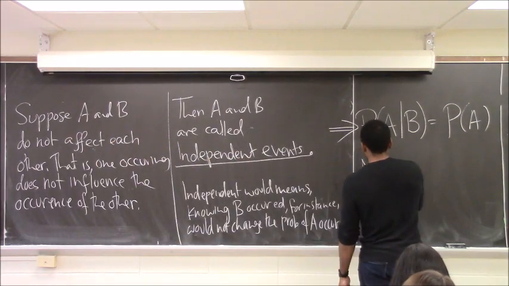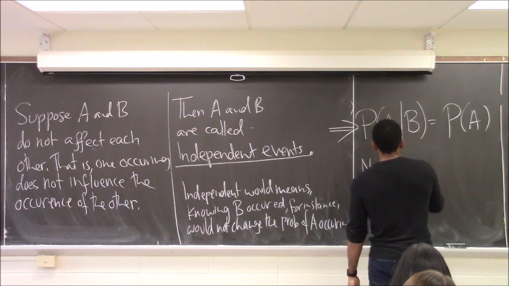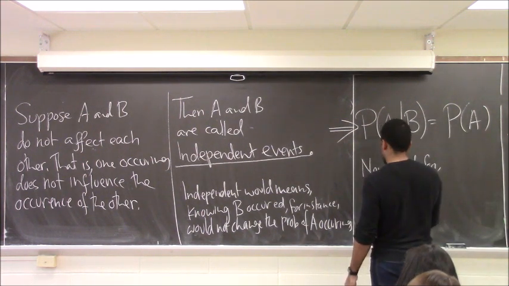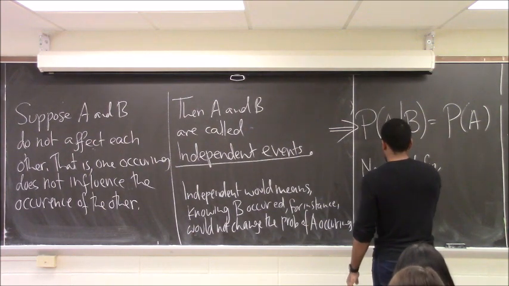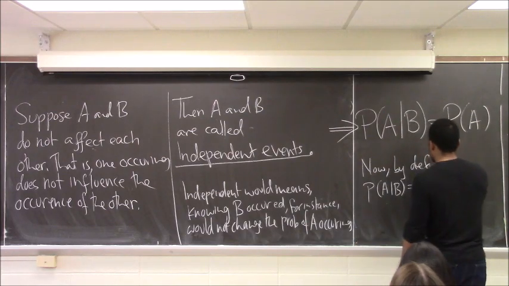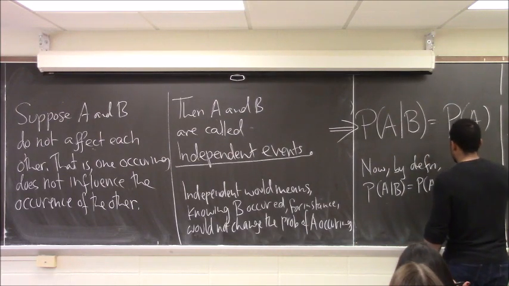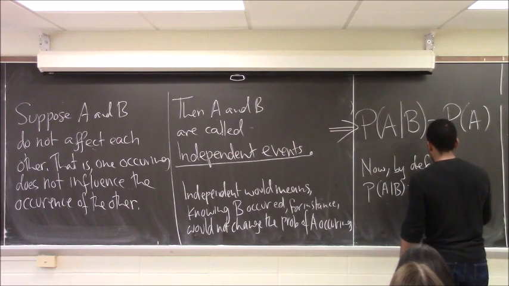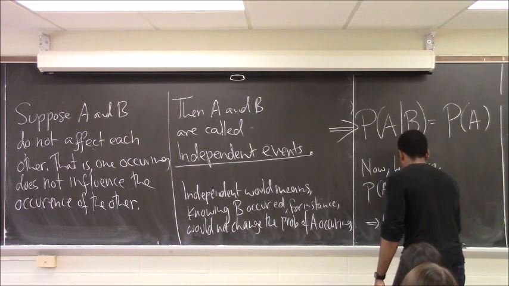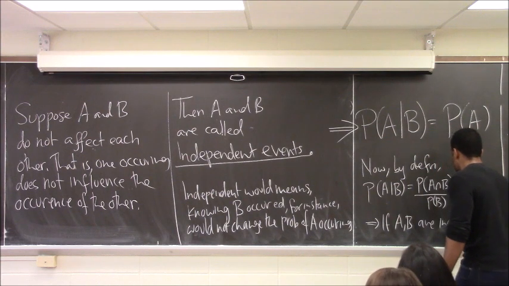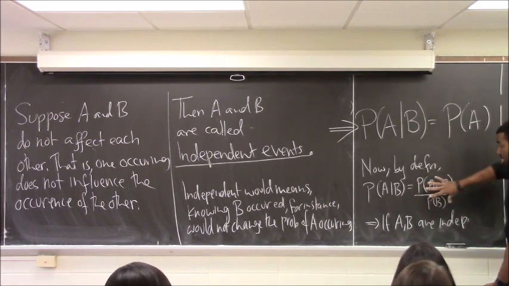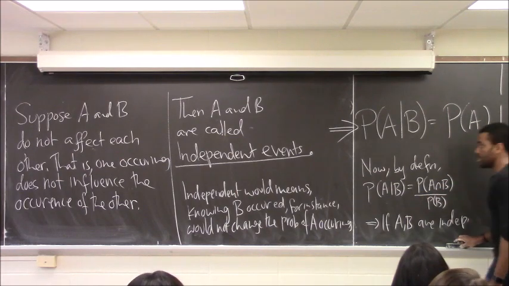Now, by definition, we know that the probability of A given B is equal to the probability of A intersect B over the probability of B. And so this implies if A, B are independent, this thing, which is equal to that thing, is going to equal this thing.